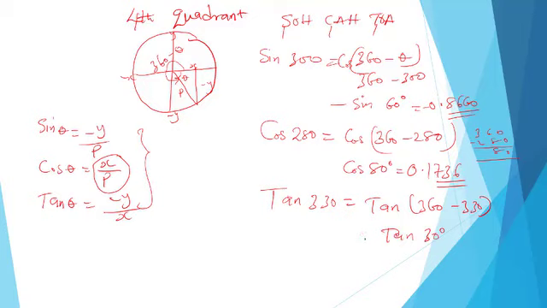But it's in the fourth quadrant, so we add the minus sign. Tan 30 degrees is 0.5774, but you add the negative sign to it.